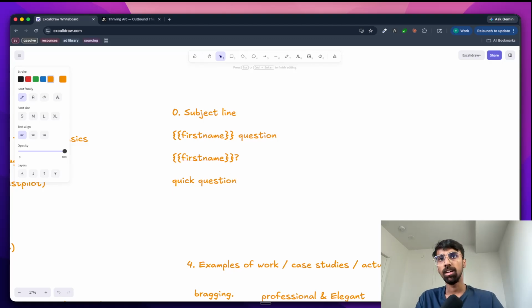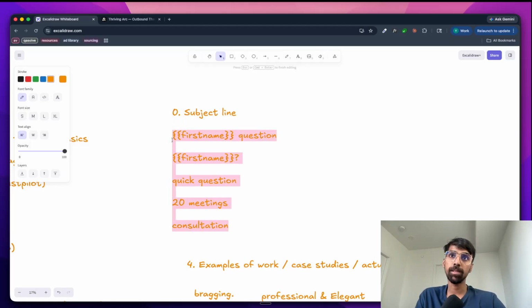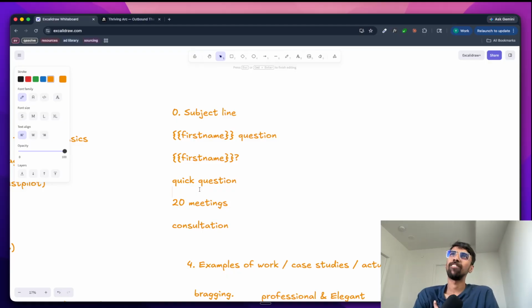For example, 10, 20 meetings, or consultation. Just one word or two words. You will be surprised how good these kinds of subject lines work, right? The best way to do it is to keep it vague, but it should also sound like internal communication.